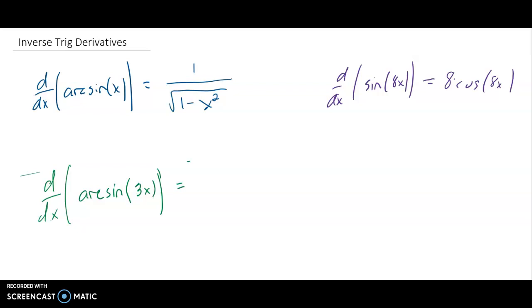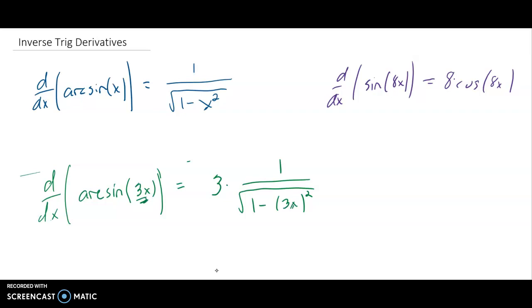First thing I want to do is take care of the equivalent to this. When I derive arcsine of 3x, I need to do the derivative of the innards out front. Here the innards is 3x, so its derivative is 3. And then I'm going to multiply it by 1 over the square root of 1 minus 'of' squared. What goes in the 'of'? My original 3x from right here. So I'm going to write 3x.